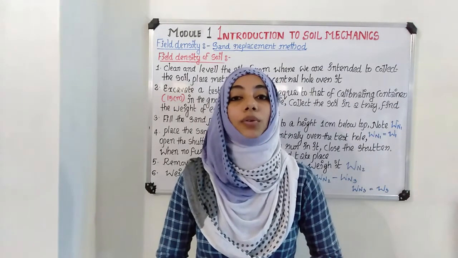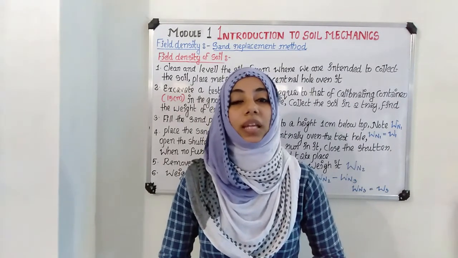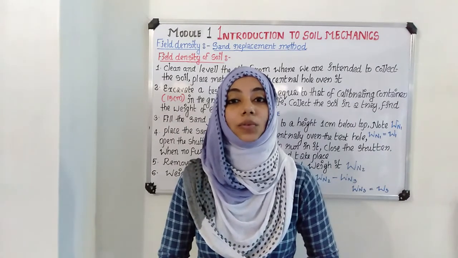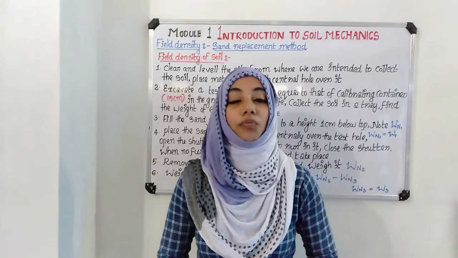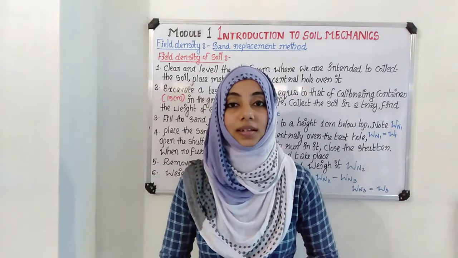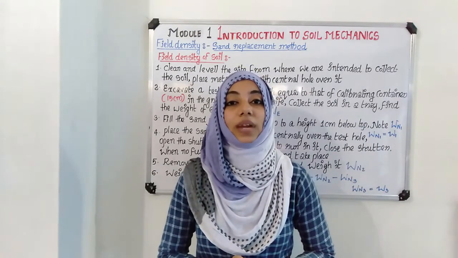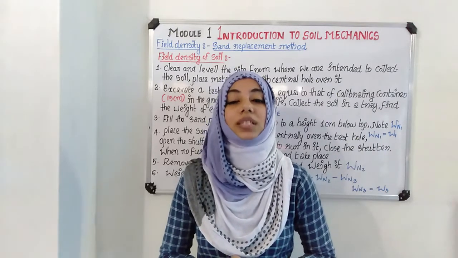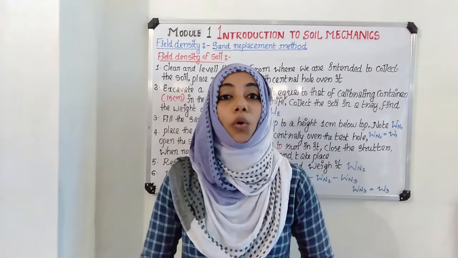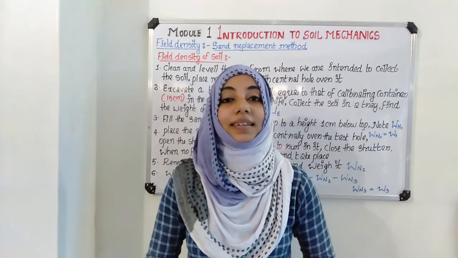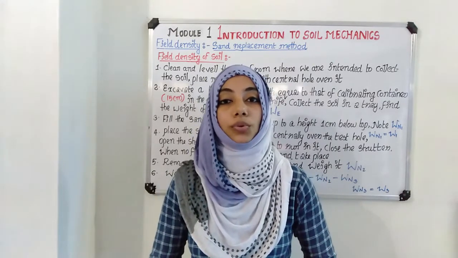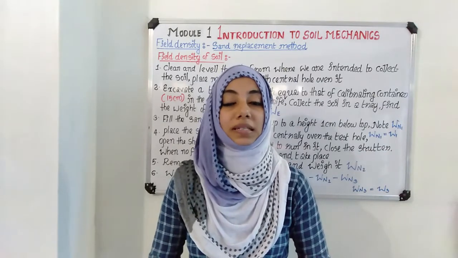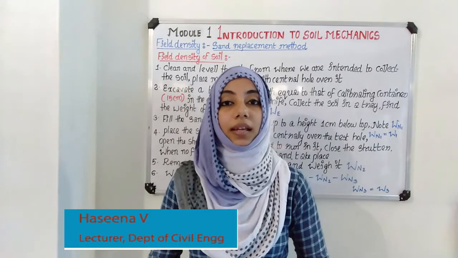Then we want the weight of the heap of sand, which we have already calculated in the calculation of bulk density of sand, and this weight is marked as Wn3, which is equal to W3. So weight of sand in test hole is equal to Wn1 minus Wn2 minus Wn3.